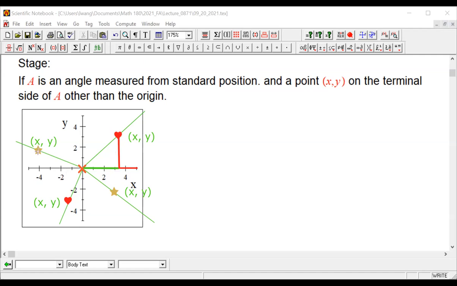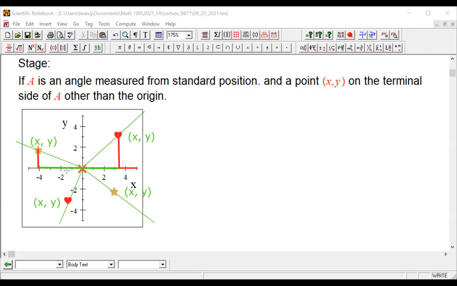How about for this other point? What is x, what is y? This is x, that is y. Okay? This is x.